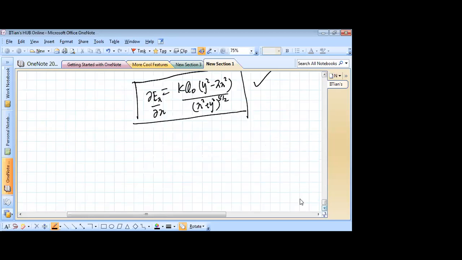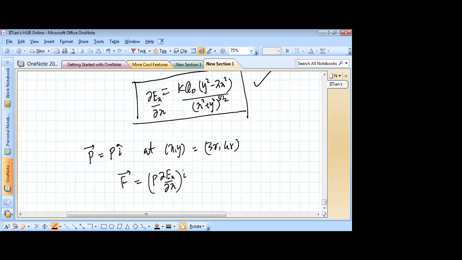In this particular case, we have kept our dipole as just p i cap, but at the position x comma y, which is 3r comma 4r. So the force acting on the dipole will just become p into del Ex by del x i cap, because according to this, my x component of the dipole is p and the y component of the dipole is 0.